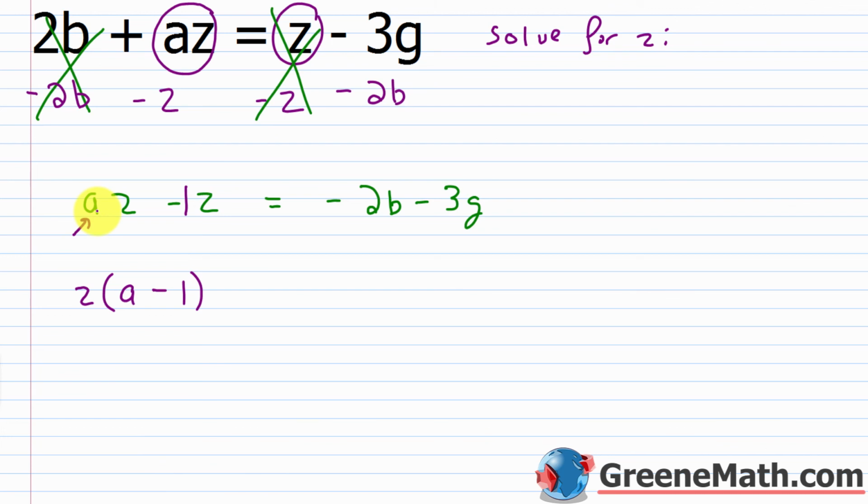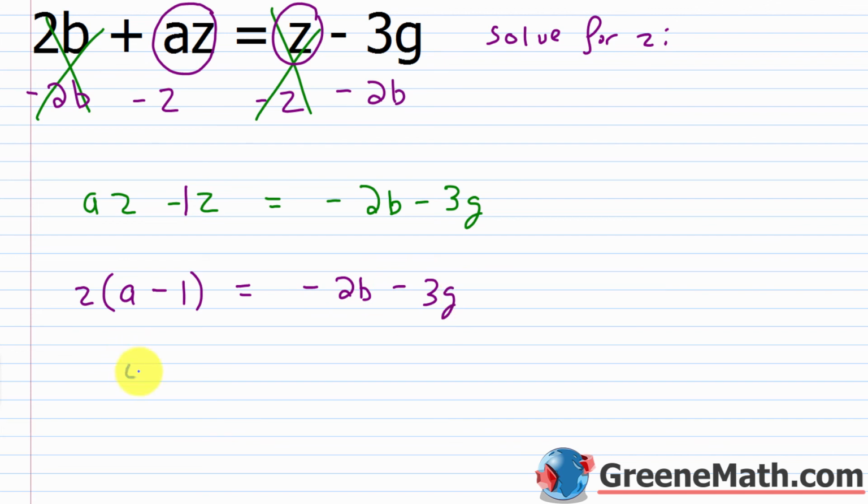But if a was 5, for example, I'd have 5z minus 1z, that would be 4z. So if a was 5, 5 minus 1 would be 4, I'd have a coefficient out there. But I don't have the luxury of that because in this particular case, I'm just given a, and I don't know what that is. So this is the best we can do. We factor out the z, and we leave it in this form, and we say it's equal to negative 2b minus 3g.